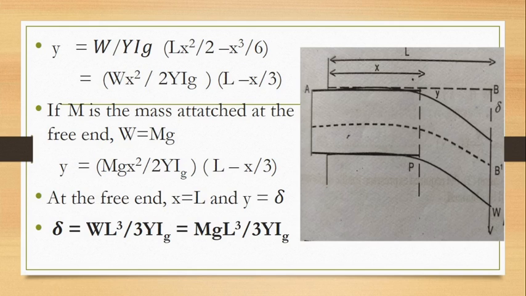So substituting, we get the expression for the depression of a cantilever loaded at the free end. That is delta is equal to WL cube by 3YIg, replacing W with mg, delta is equal to mgL cube by 3YIg.